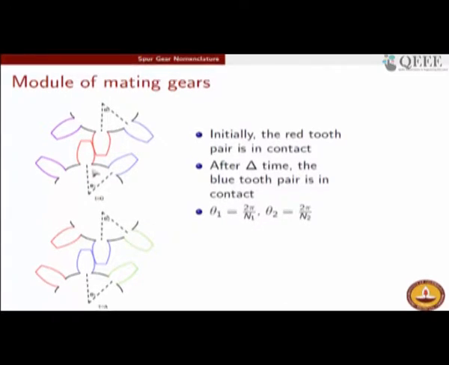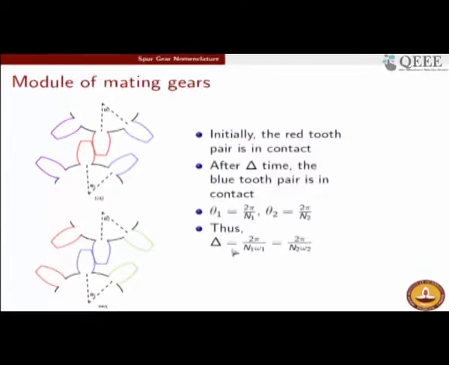Accordingly, for gear 1, the angle between the blue tooth and the red tooth which are at successive positions will be 2 pi by n1, n1 being the number of teeth in gear 1. Similarly, the angle between the successive teeth in gear 2 will be 2 pi by n2, n2 being the number of teeth in gear 2, right. So, theta 1 is 2 pi by n1 and theta 2 is 2 pi by n2.